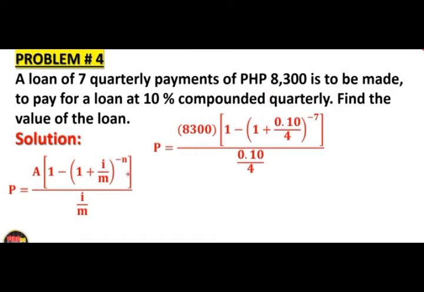Quarterly will represent m equals 4. And the number of periods is 7, because as stated in the problem, there are 7 quarterly payments, and over i, 0.10 or 10%, over 4.